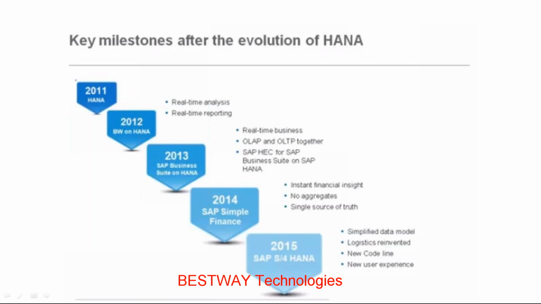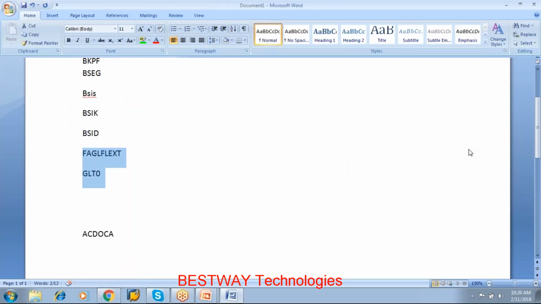Any doubts? Naveen, yeah, I have one question. Go to the slide you are talking about. Tell me. So you mean BSIS, BSIK, all these tables have been removed in S/4HANA, and instead of that we have the ACDOCA table.